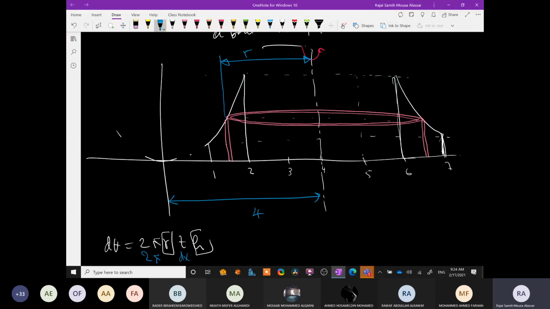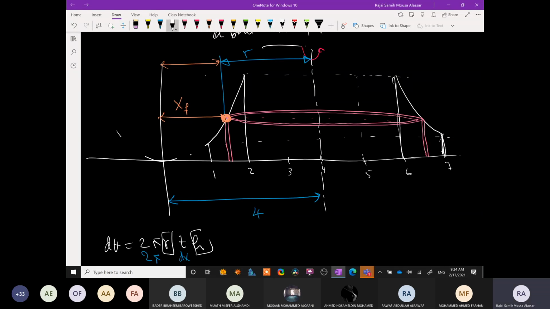And what is it from here to here? It's x of the function. Why is it x of the function? Because you start from the y-axis, and you hit the function horizontally. So this is x of the function.